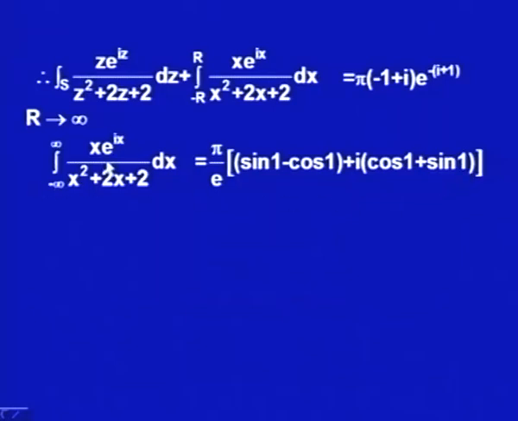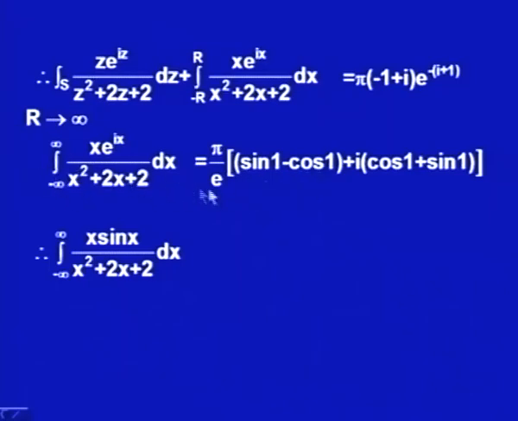Now, see the left hand side. On the left hand side we have the integral of x into e to the power ix upon x square plus 2x plus 2, while I have to evaluate the integral of x into sin x upon x square plus 2x plus 2. So, e to the power ix here also we could write as cos x plus i sin x, and the left hand side can be broken into two integrals as the real and imaginary parts. Now, equate the real and imaginary parts from both the sides.